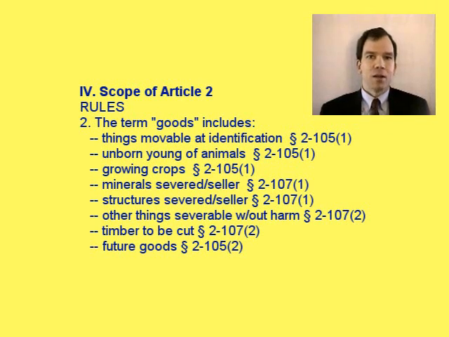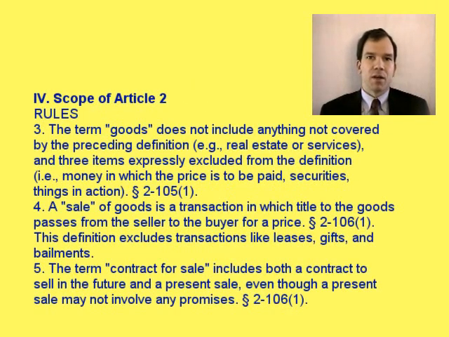The term goods does not include anything not covered by the preceding definition, like real estate or services, and three items expressly excluded from the definition: money in which the price is to be paid, securities, stocks and bonds, things like that, and things in action, meaning legal claims or legal rights, like a copyright or a contract claim.